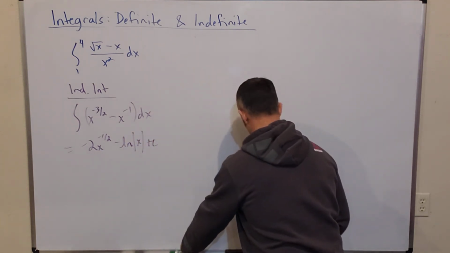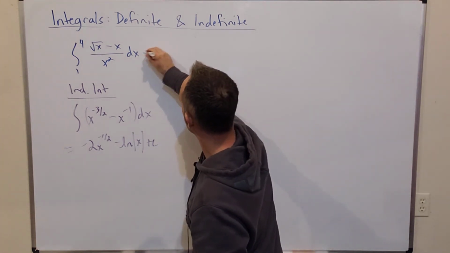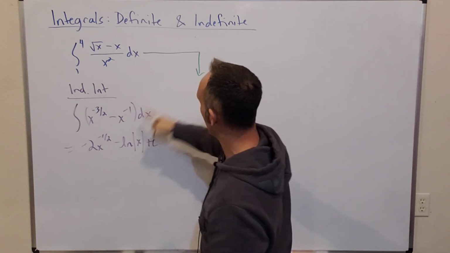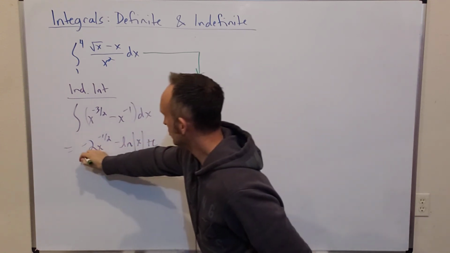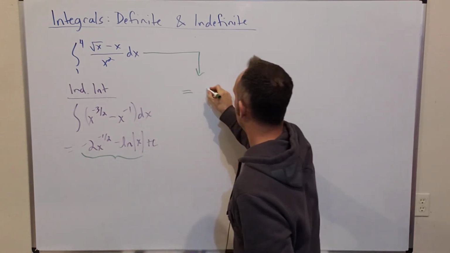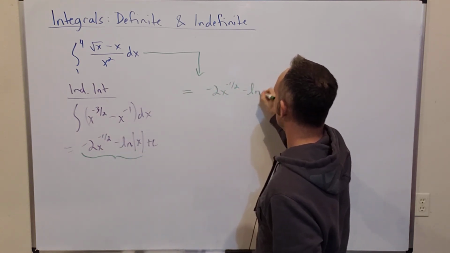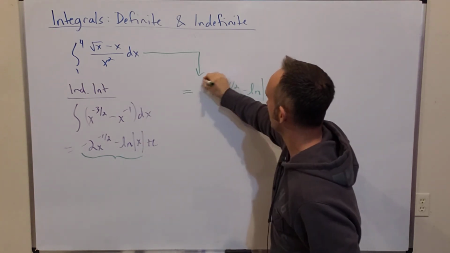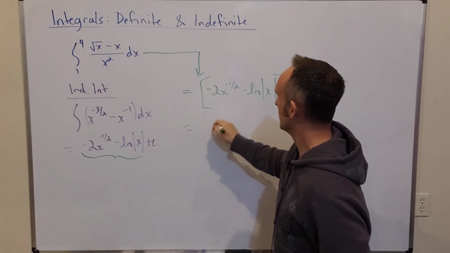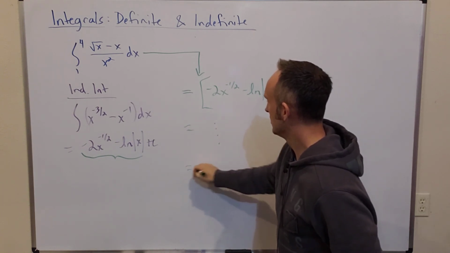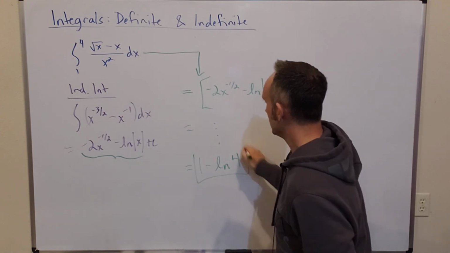And then what you could do is you could resume with your definite integral here by just saying, okay, now that I know that, I could say that this guy equals, well, I just need this part, negative 2 x to the negative 1/2 minus the natural log of the absolute value of x from 1 to 4. And then you could finish here with all the work we already discussed.